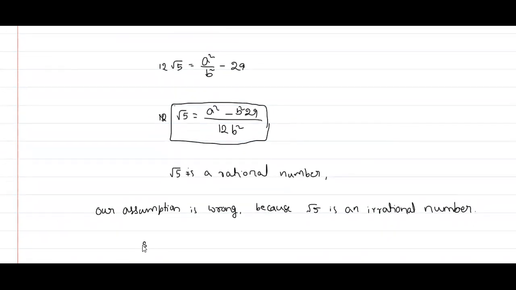So 3 plus 2 root 5 is also an irrational number.